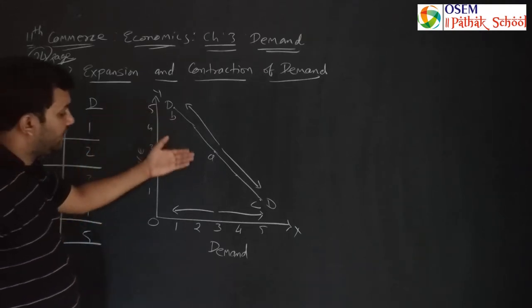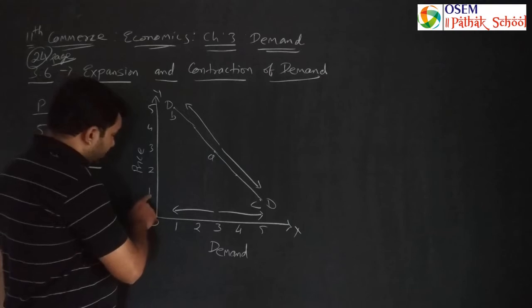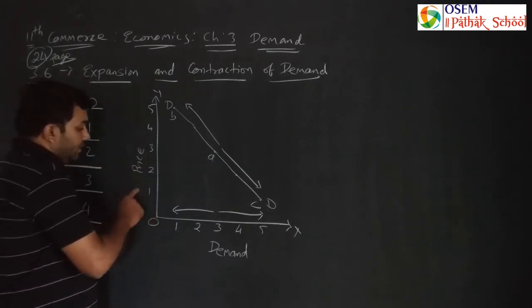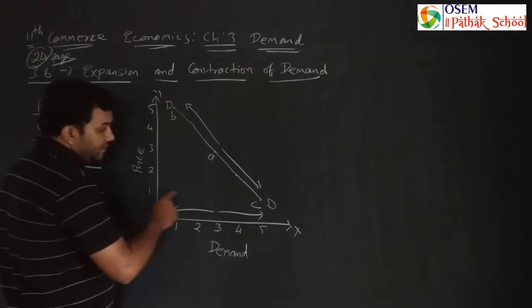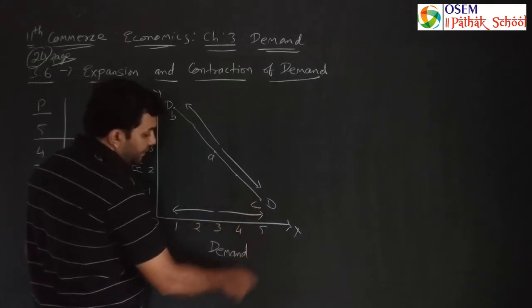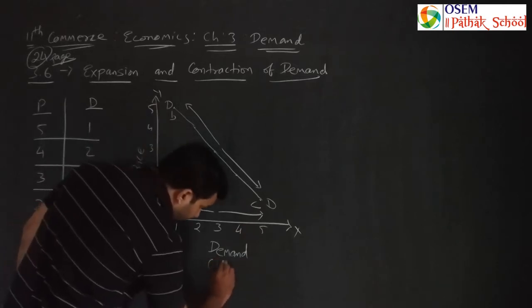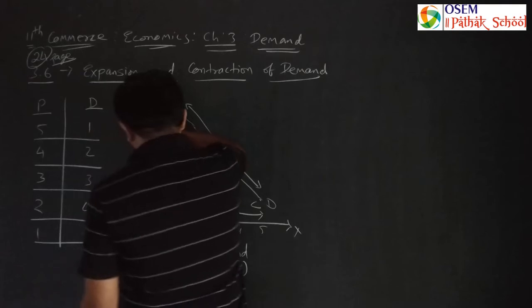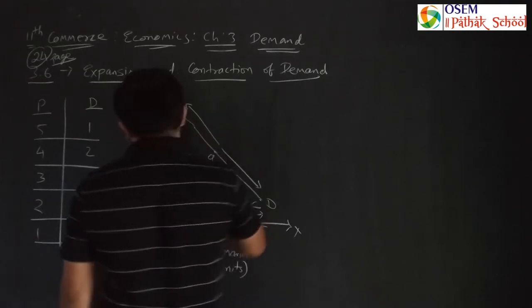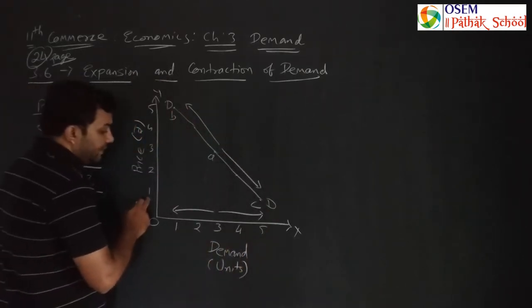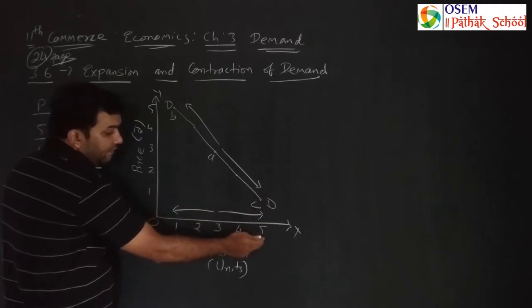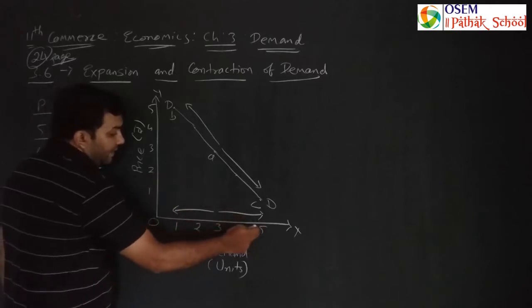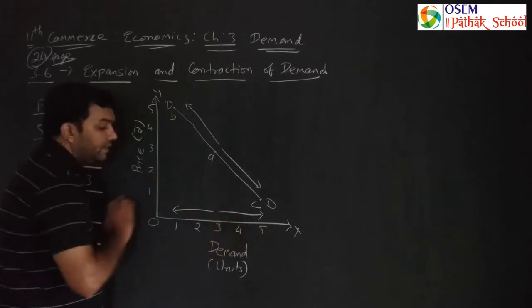And the same is represented in the graph. This is the price given in your textbook. If price is 1 rupee, demand will be 5 units. These are units, and these are rupees. Whenever price increases, 1 to 2, demand decreases, 5 to 4.